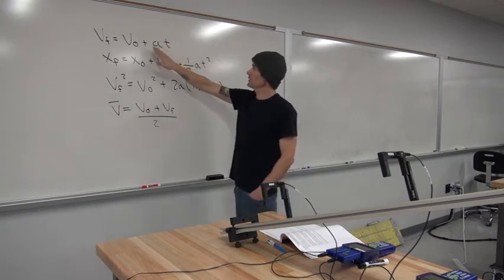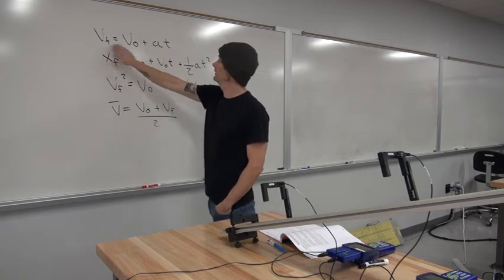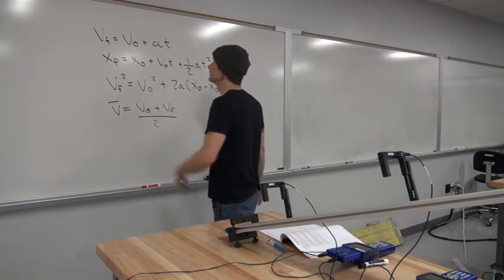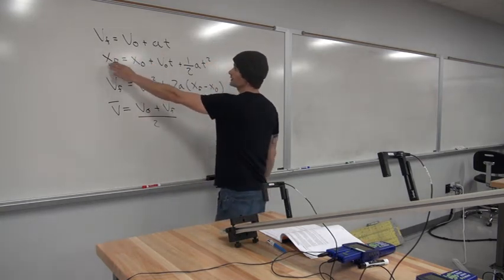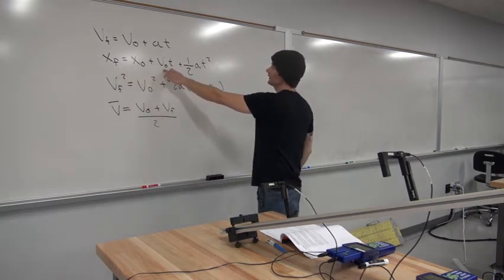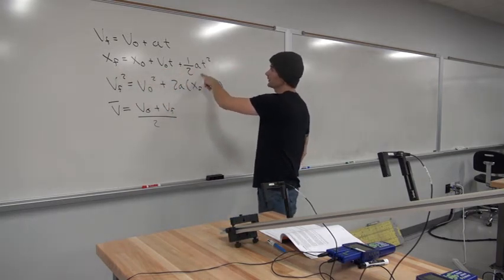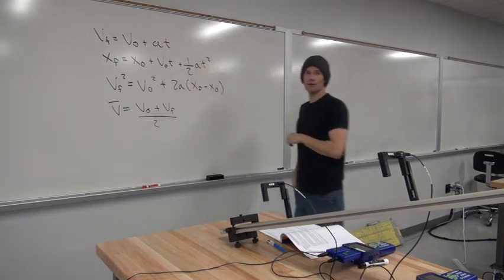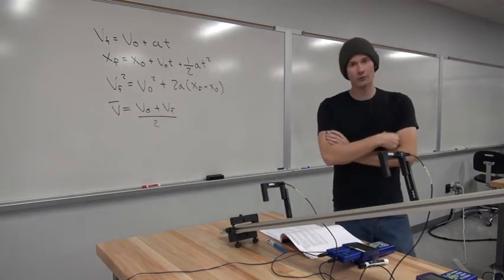In the first equation, your other two variables, VF and V naught, you'll have. If you use this equation, you have XF, X naught, V naught, and your acceleration. So you have a quadratic equation to solve, but if you want to do it that way, that's totally fine.